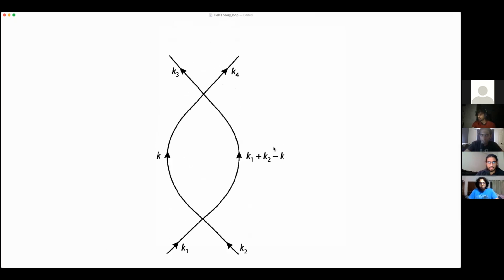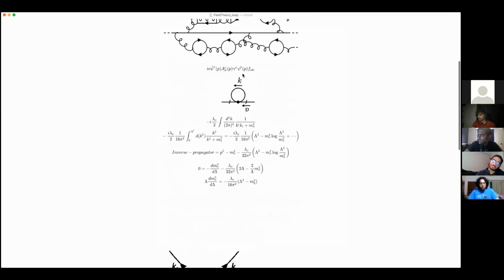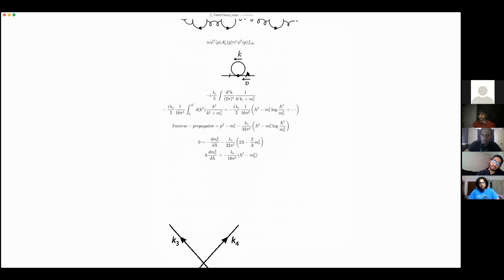Not quite. You see here, I've in some sense cut out the propagator itself, but I still have to account for the momentum that was flowing here. Otherwise I can't make sense of it, because I have a delta function that I have to impose at the vertex, and that won't be satisfied.